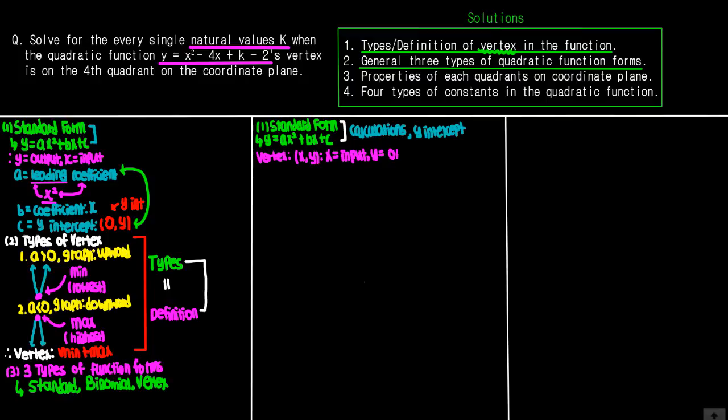For the standard form, there is no way to solve for our vertex. So we won't be able to draw the perfect graph of our quadratic function.